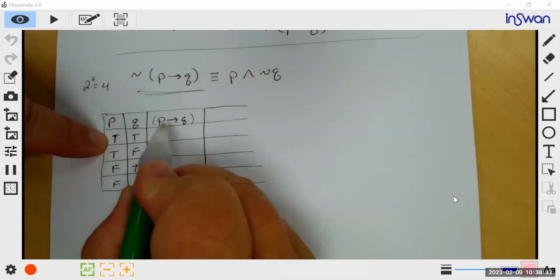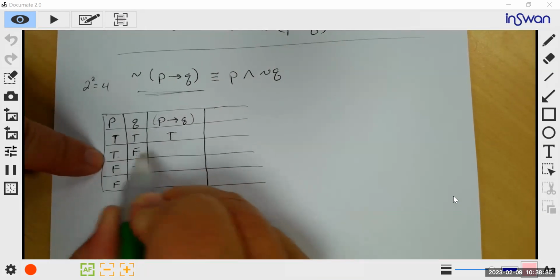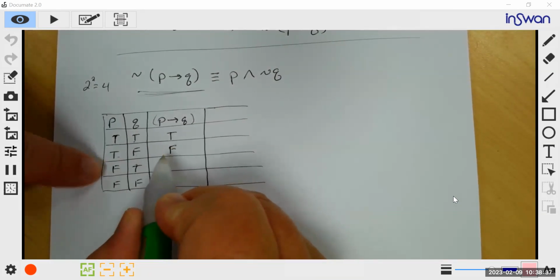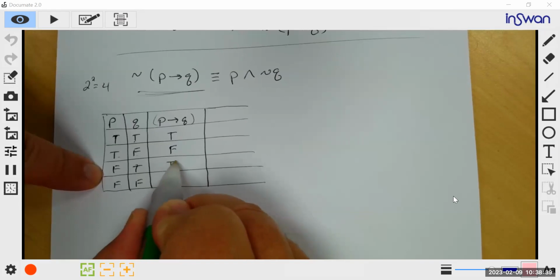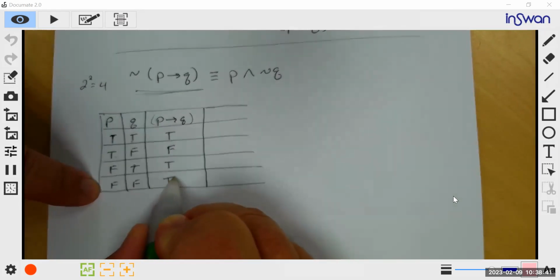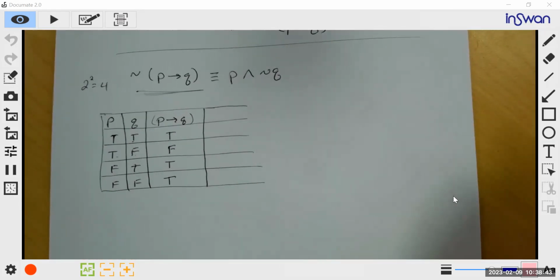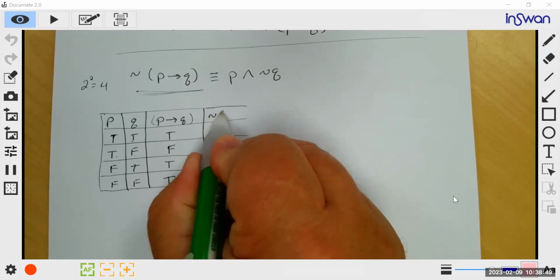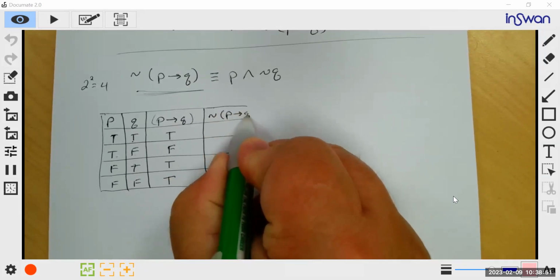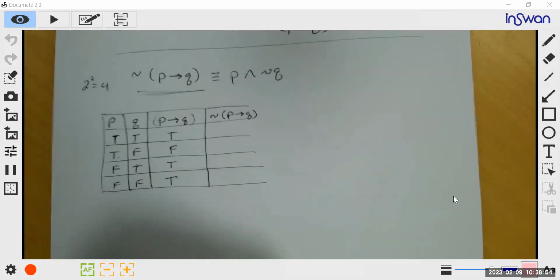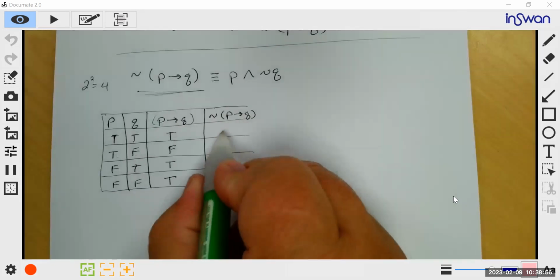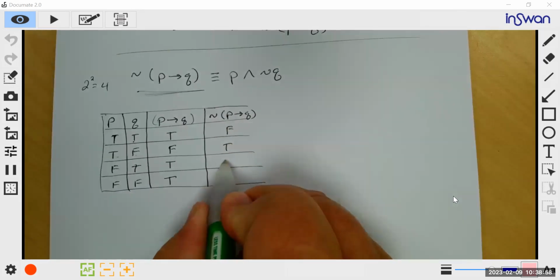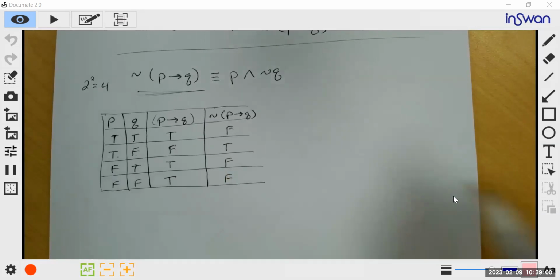If true, then true. True, then false. False, then true. False, then false. So we have the parentheses. Now we have to do the whole statement. That means we negate that previous column. So it's false, true, false, false.